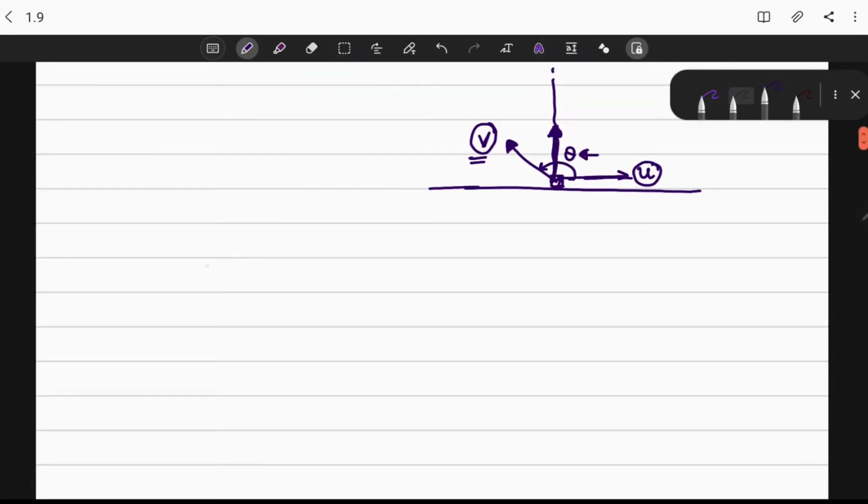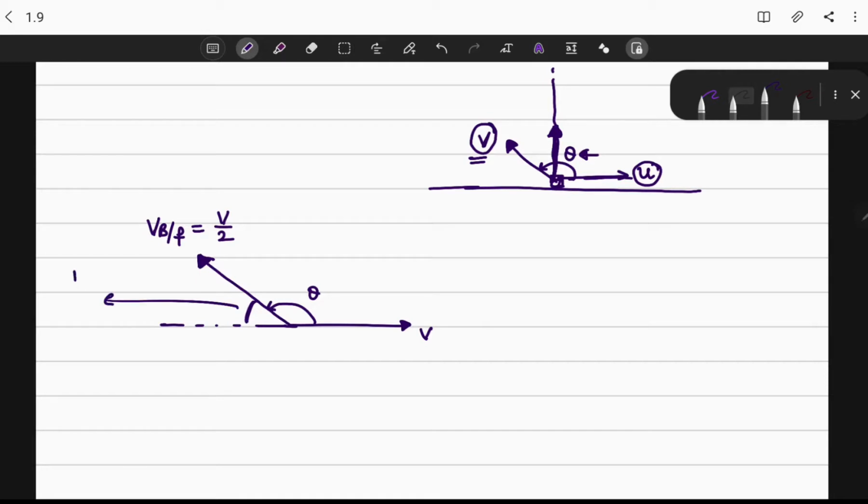Let us consider that this is the velocity of the boat with respect to the flow, given as v by 2, and this is the velocity of the flow, given as v. Now this is angle theta, so this particular angle will be 180 minus theta, and what is this component? This component will be v by 2 cos of 180 minus theta.